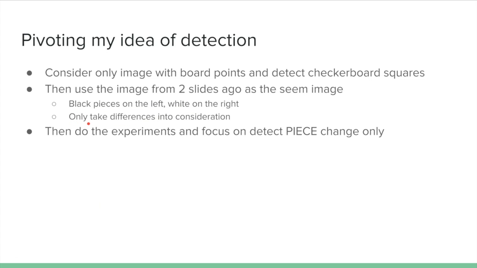It only takes a difference between the previous image and the next image, and tries to compare the locations of each of those squares, and not necessarily detect each of the white and black pieces in the initial chessboard game itself.